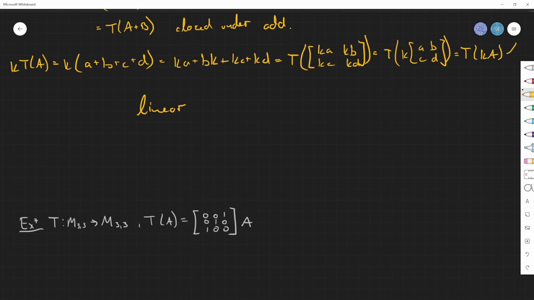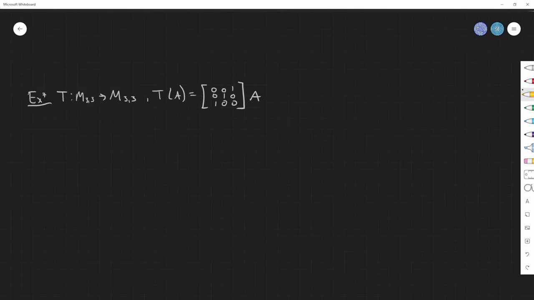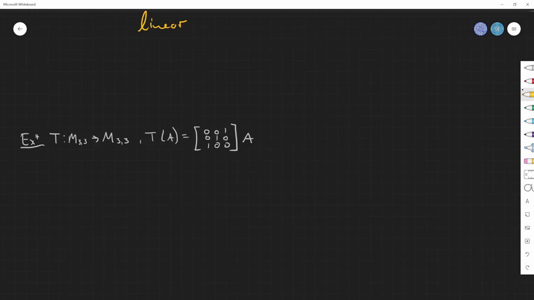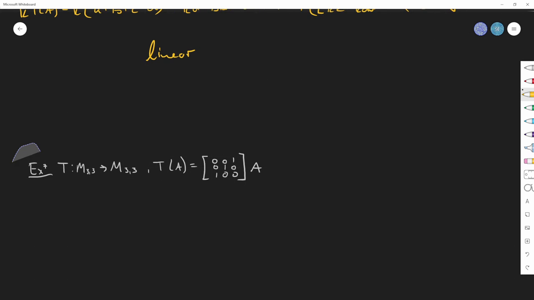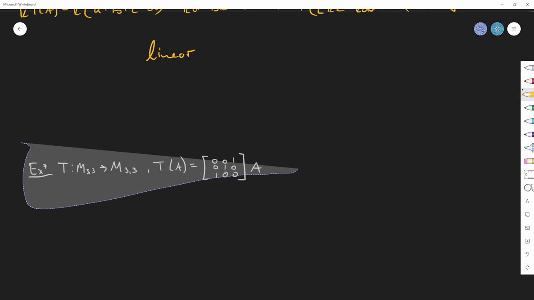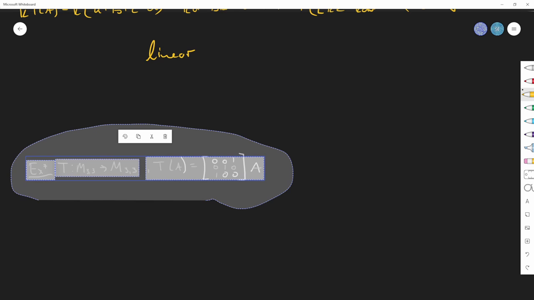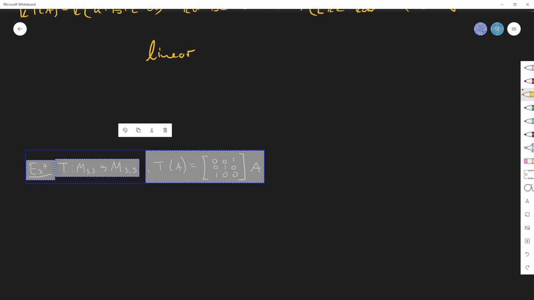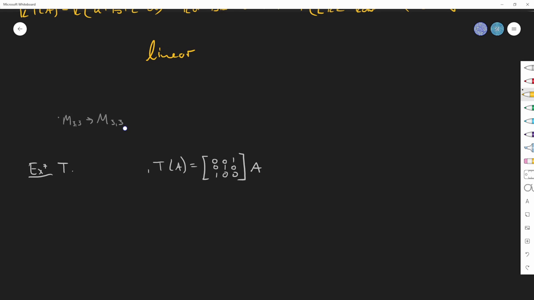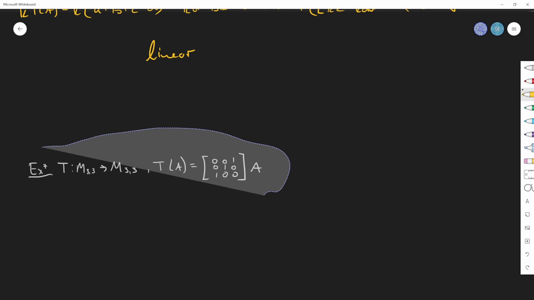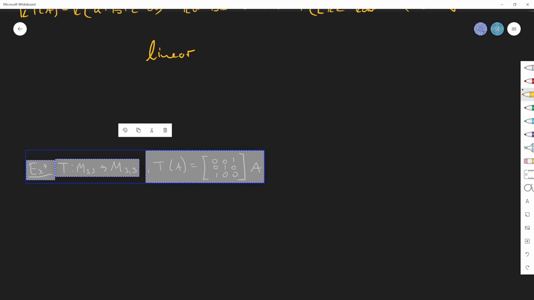Now for the seventh, the second to last example. I could probably move this up here, because I don't know if I'll need the space. Anyways, for the seventh example, we're given a linear transformation that goes from a 3x3 matrix to another 3x3 matrix.